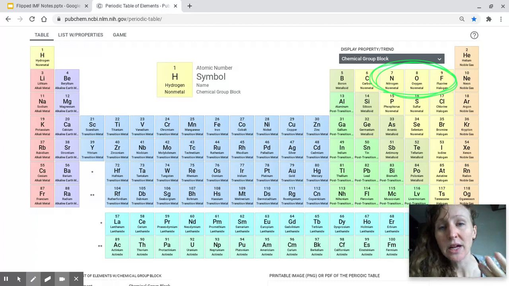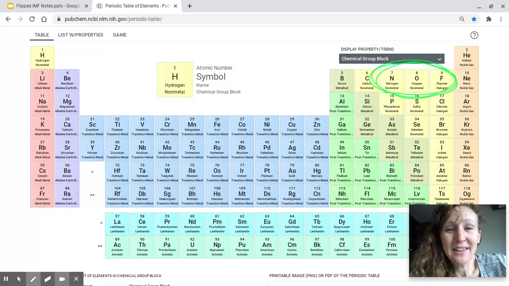It's these three elements for a very specific reason. Look at them on the periodic table and think, what are these three elements more of or less of than any of the other elements?